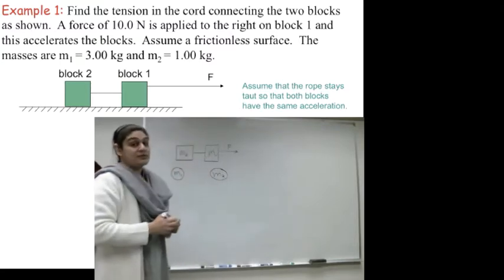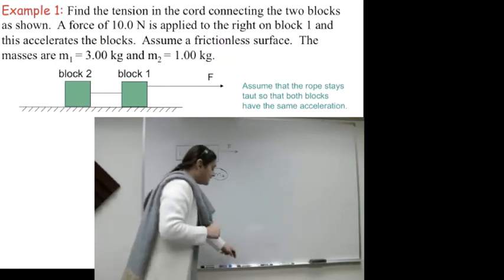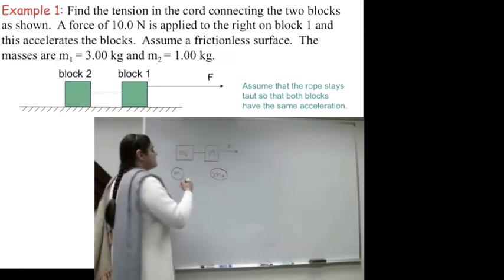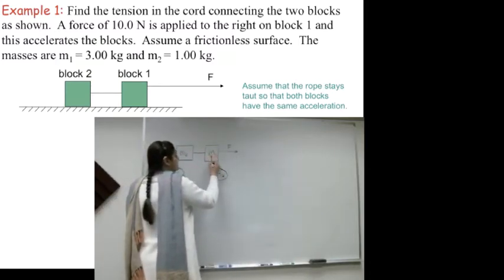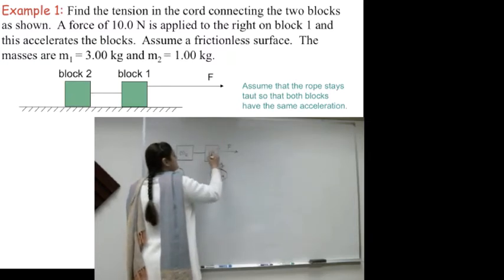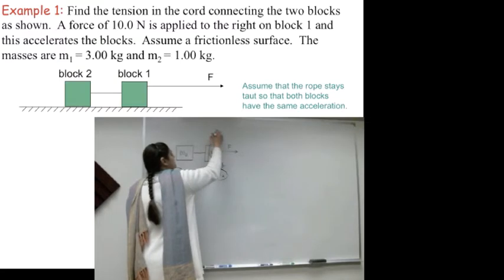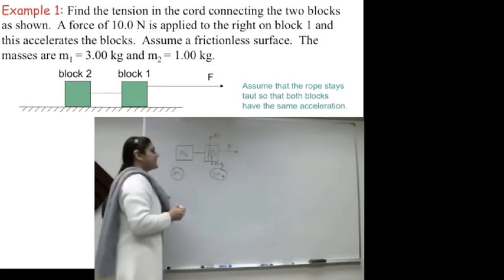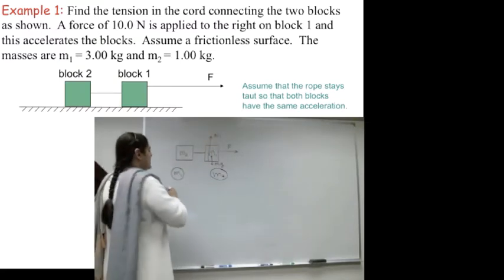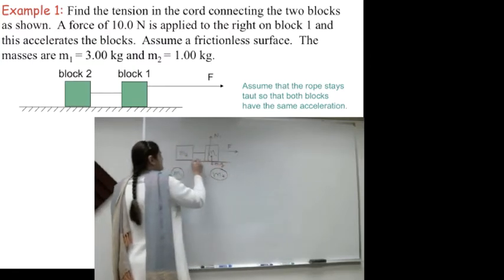What are all the forces that are acting on it? Well, this is a guarantee. There will always be a force of gravity acting downwards on it, and there will always be a normal force acting from the surface in contact. Okay, so suppose this is a surface in contact.